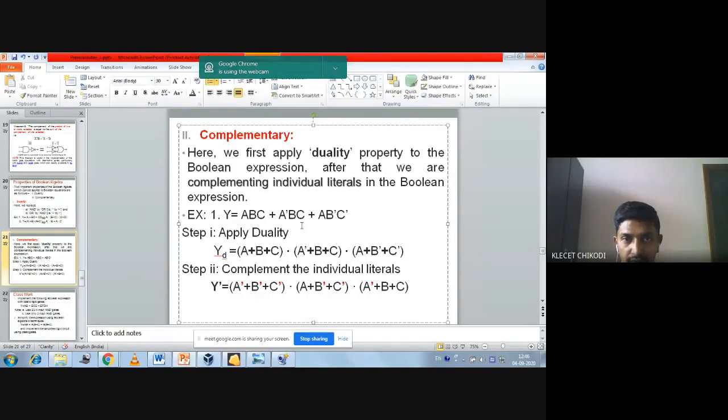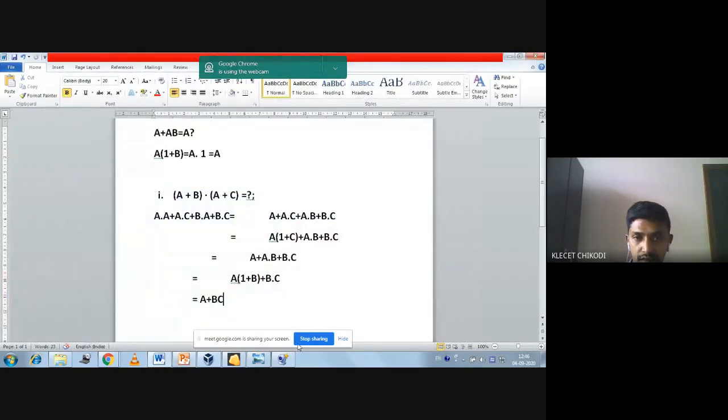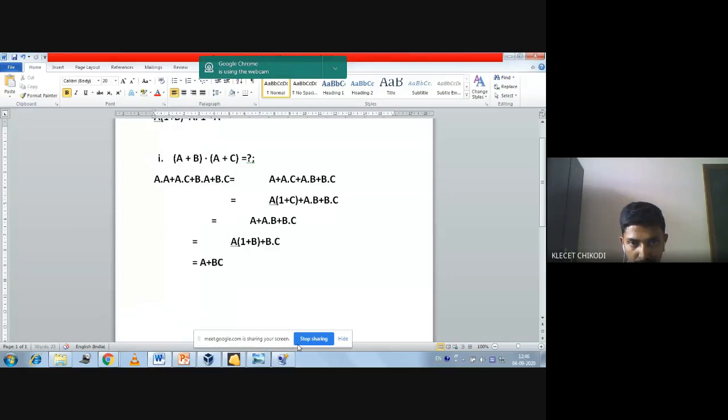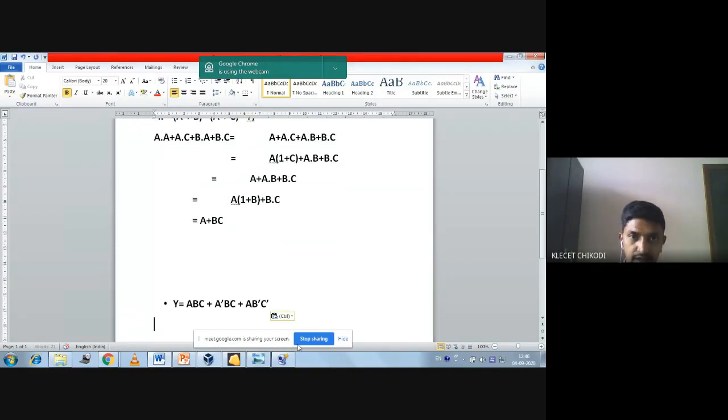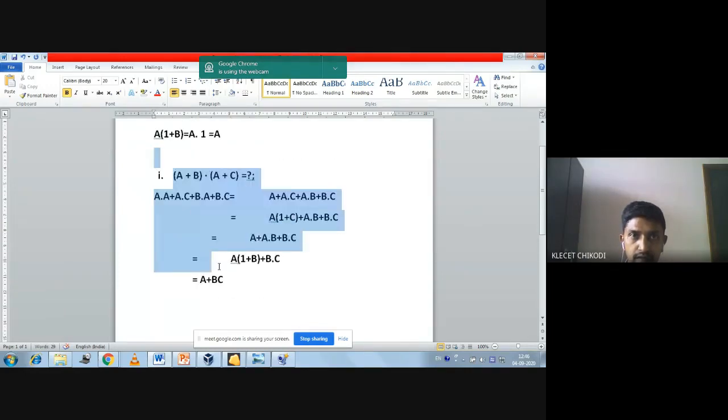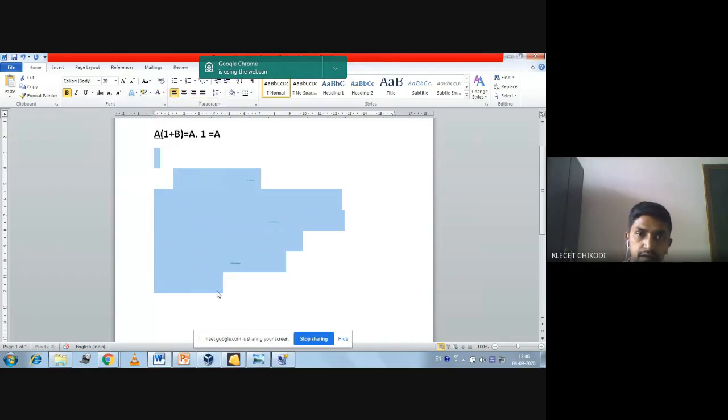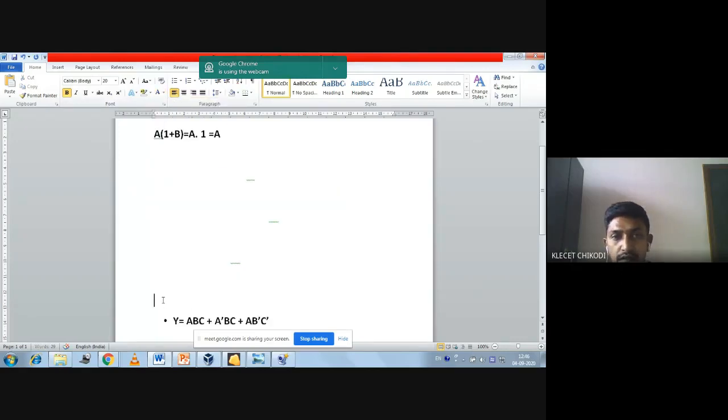So this is the equation they have given.